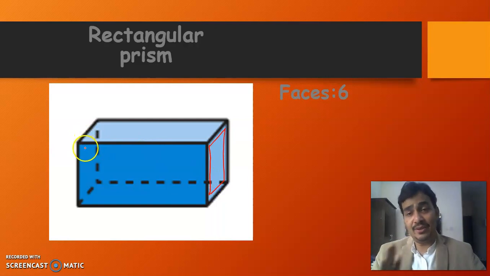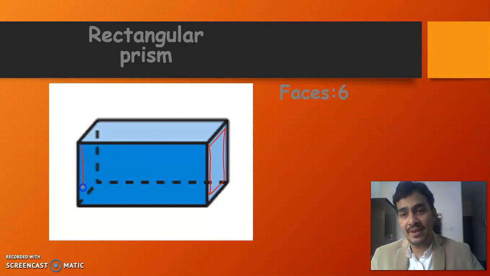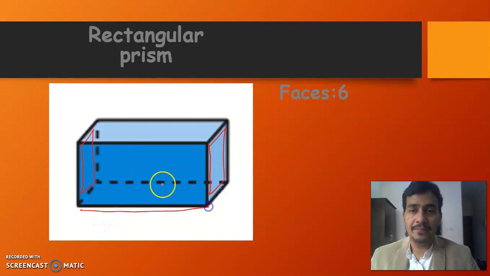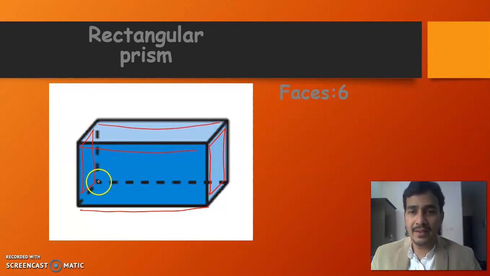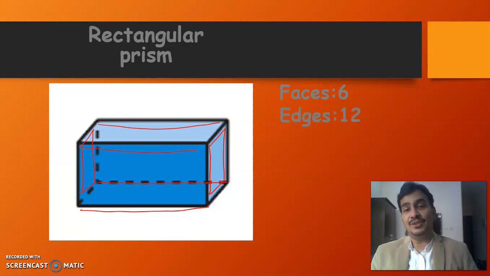Then on the left side, 5, 6, 7, 8. Now 9, 10, the big ones, 11, and this back side 12. So there are 12 edges.